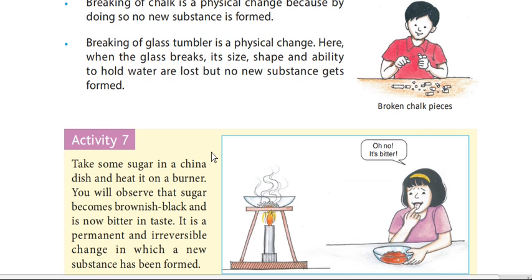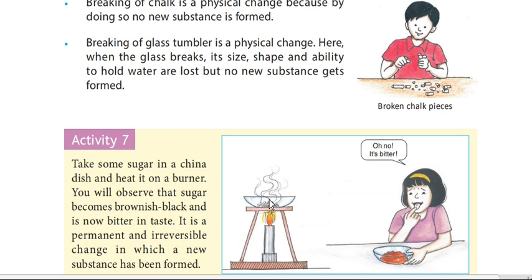Those changes in which there is a change in the composition of a substance are called chemical changes. For example, we have taken some sugar crystals in a china dish as shown in the picture, and we heat this on a flame. After some time, we find the sugar crystals change into a deep brown or black color.